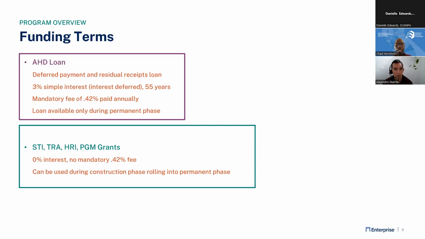The STI, TRA, HRI, and PGM grants, those are grant funding on the other hand. So there's no interest rate attached to them. There's also not the mandatory 0.42% fee. And then those funds can all be available during construction and roll into the permanent phase for the affordable housing work.